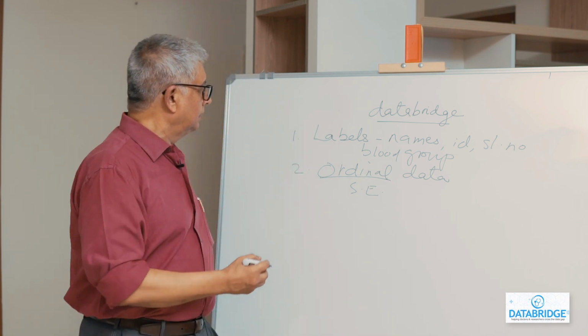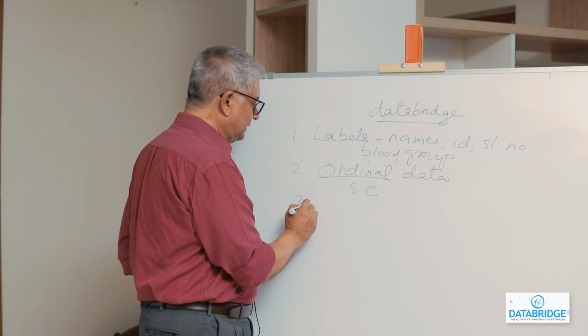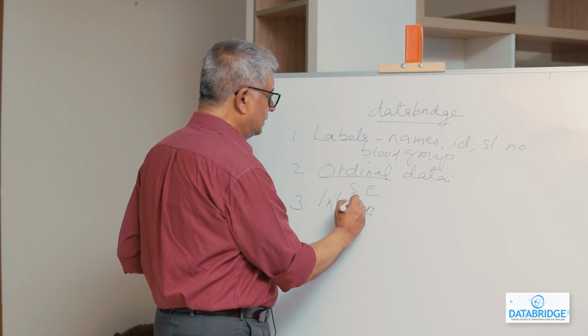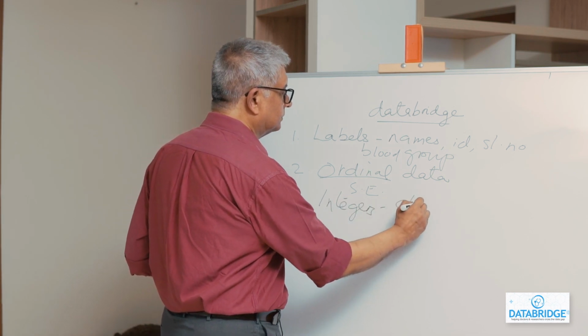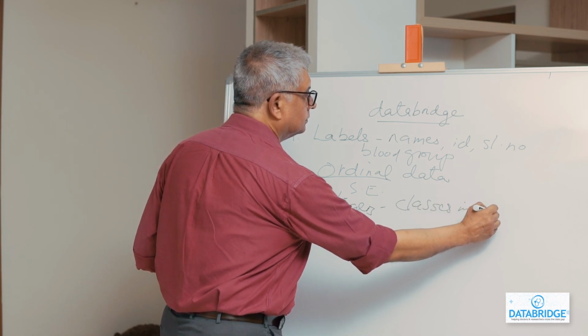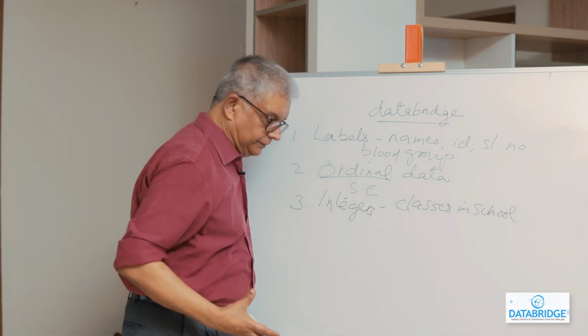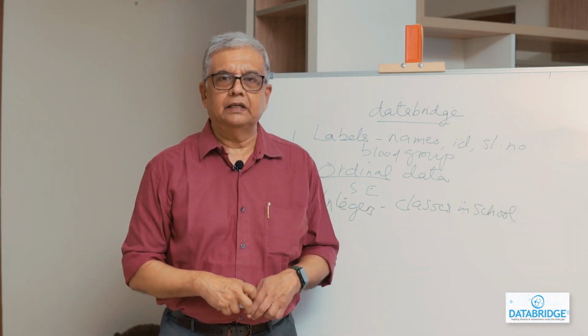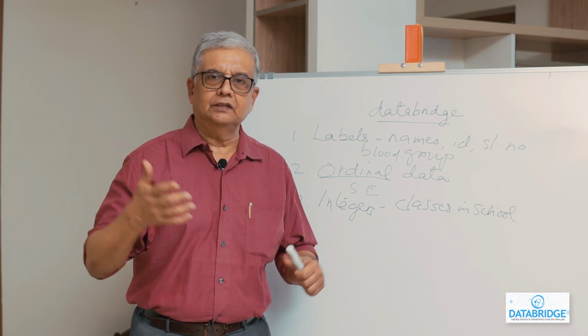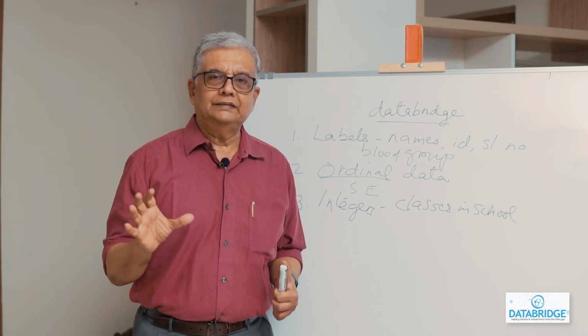Now there are other types of ordered data which are just whole numbers. Like if you ask students of a school which class they are in, they can be in class 5, 6, 7, 8. So all these are different classes and there is an ordering, but all these are equidistant.